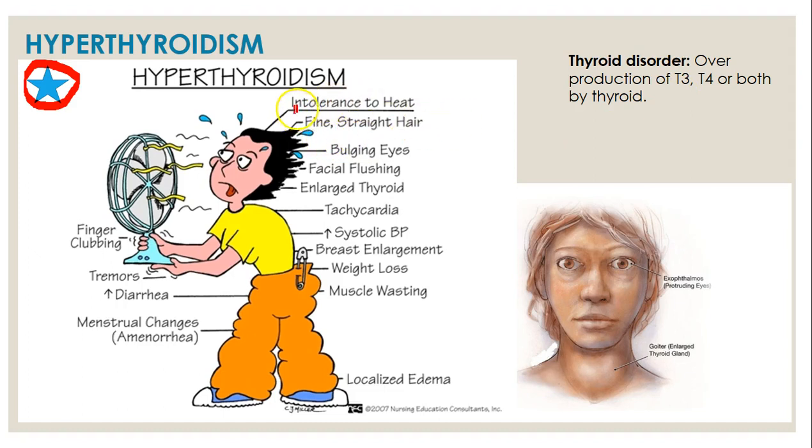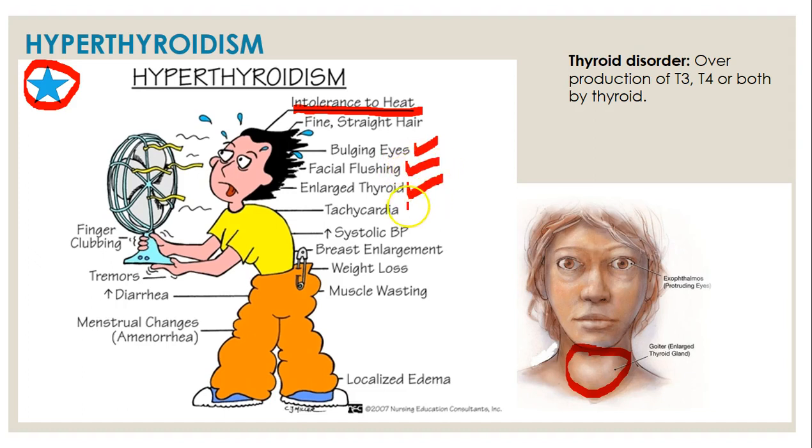So this person will have an intolerance to heat, fine hair, and bulging eyes, which is always one of the characteristics you see in pictures. That's usually going to be a little bit more of a late symptom. Another is the goiter, which is an overgrowth, an enlarged thyroid.